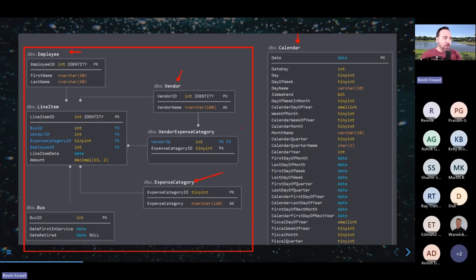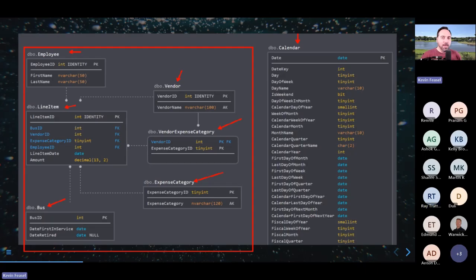And each vendor, of course, they sell specific things. So they're not going to sell everything. The same vendor is probably not going to repair glass and also fix the mirrors and fix the seats and fix the engines, etc. We have buses. These are the actual buses that are running along town, and line items.